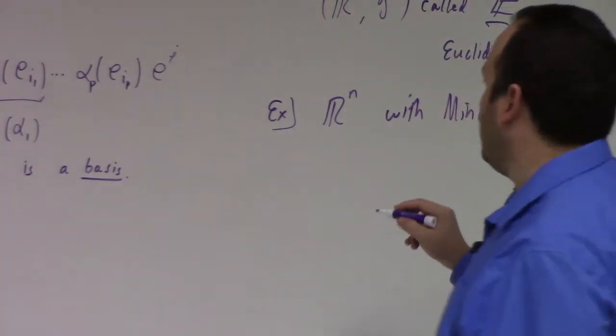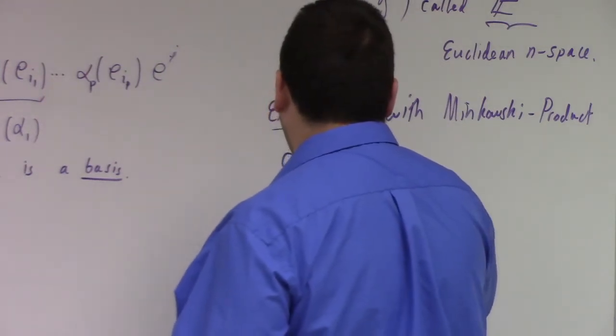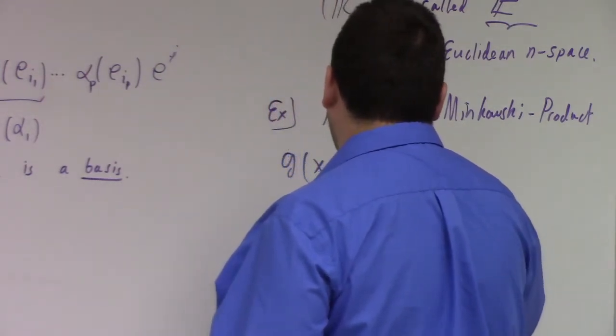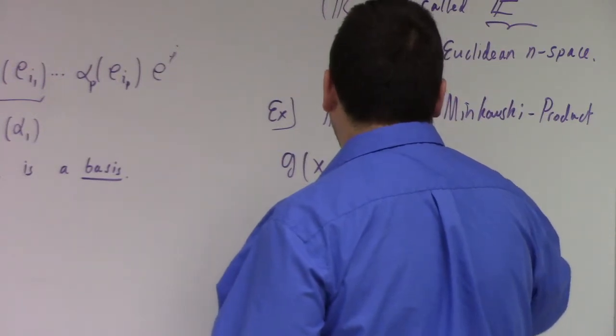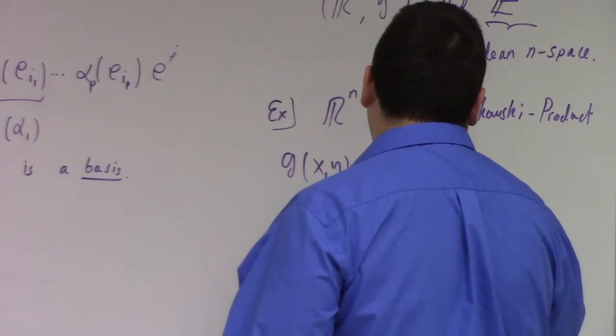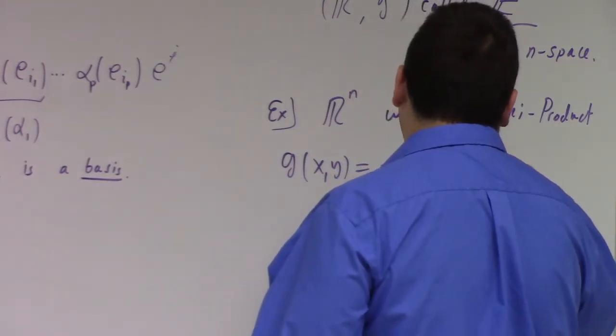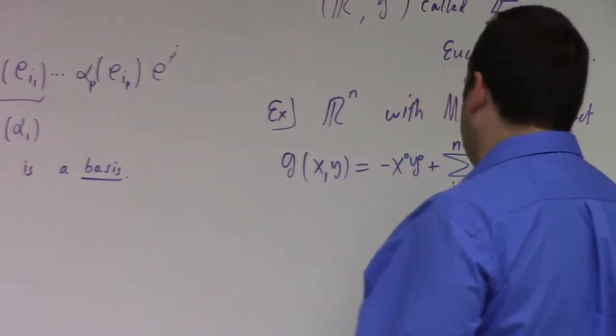The Minkowski product is something like this. If I have G of xy, it's minus x upper 0, y upper 0, plus the sum i equals 1 to n minus 1 of x upper i, y upper i.